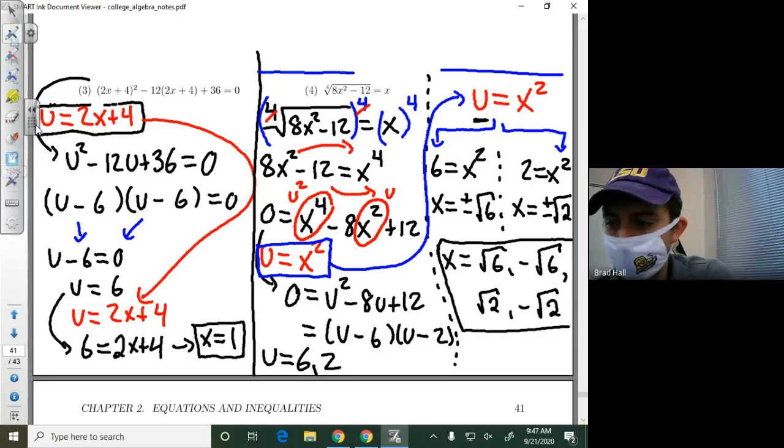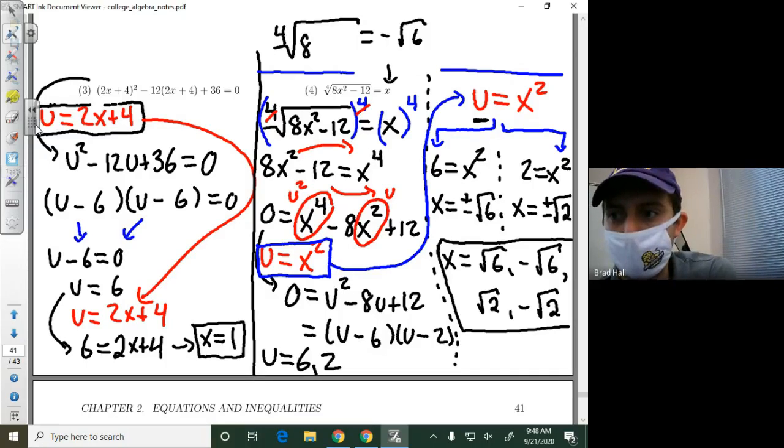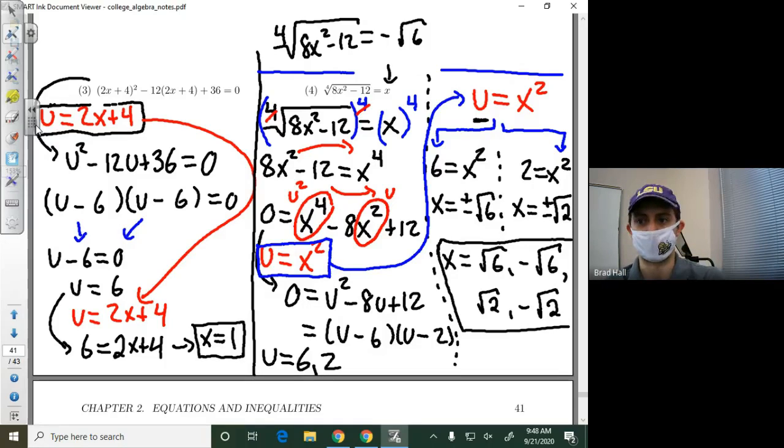So notice that if x is equal to negative square root of 6, then what we would have is that the 4th root of 8x squared minus 12 would equal that. There's an inherent problem here, though.